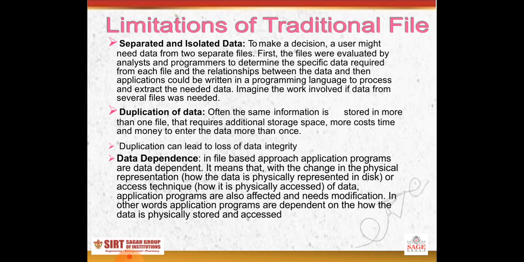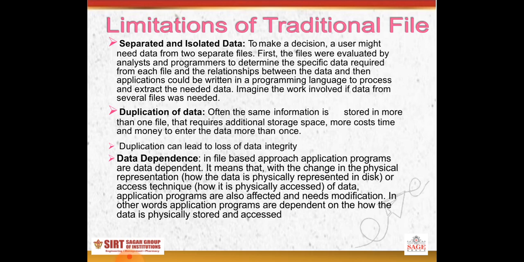These are the limitations of traditional file processing systems. First, separated and isolated data. To make a decision, a user might need data from two separate files. First, these files are evaluated by analysts and programmers to determine the specific data required from each file and the relationship between the data, and then an application could be written in a programming language to process and extract the needed data.